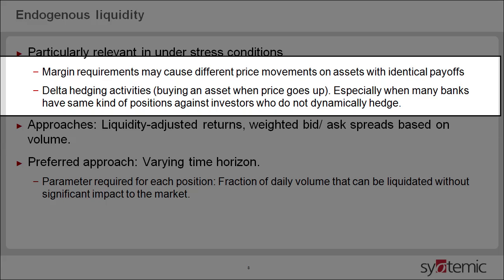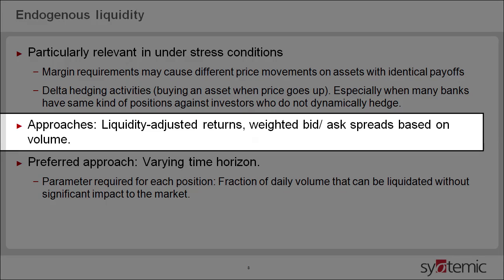And the other type of regular activity that may influence prices in a strange way is the delta hedging activities, which means buying an asset when its price goes up and selling when its price goes down. And this can become even worse when many players in the market have the same side of position. So this might have a quite dramatic impact on the price.